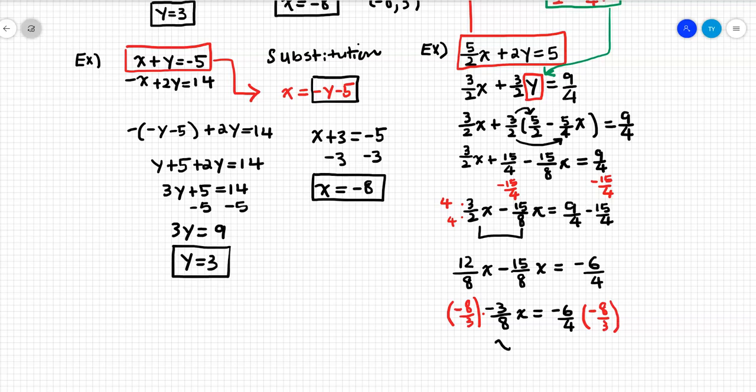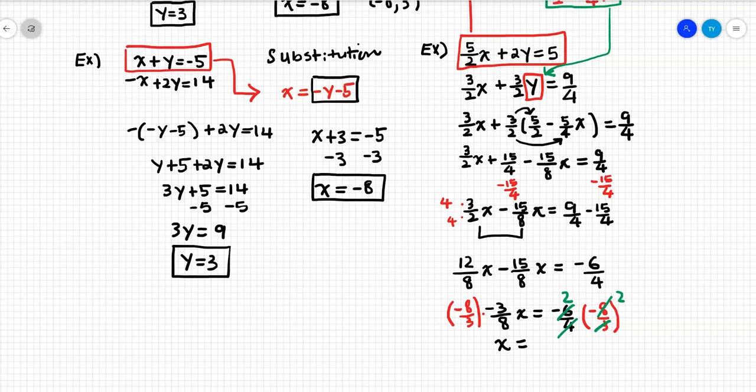So on the left-hand side, I have x. On the right-hand side, we are going to have to do some housekeeping here. 4 goes into 8, that's going to be 2. And 3 and the minus 6 is also 2. But they are both minus.